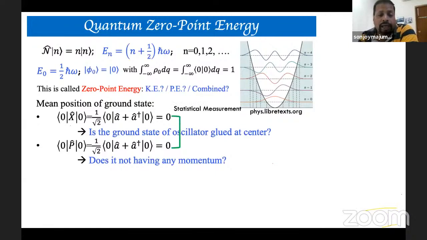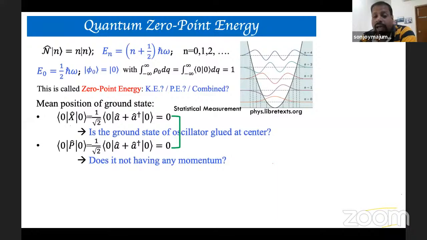So what we got here is that the mean position and momentum are zero. Does it mean that the system is glued to the center, or that the system doesn't have any momentum? One thing I would like to say is that when you take the mean value, as someone pointed out, this is a statistical average of repeated measurements.